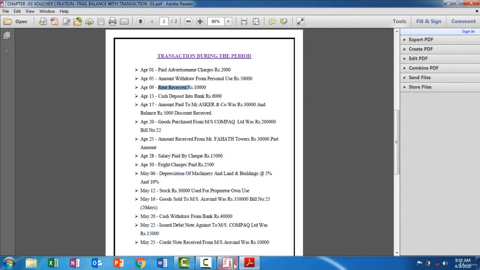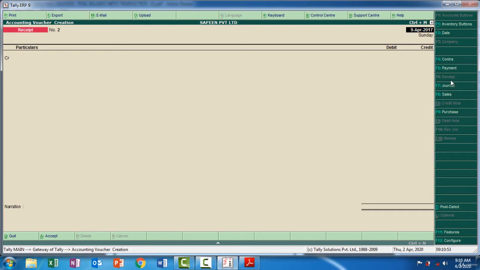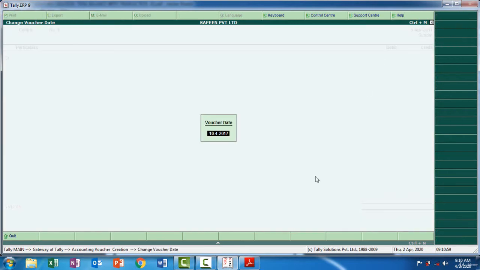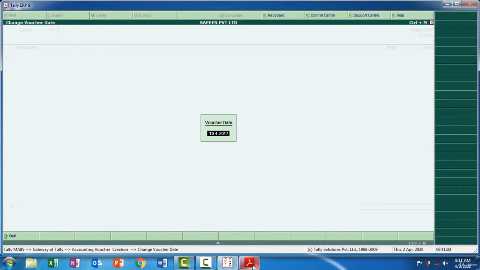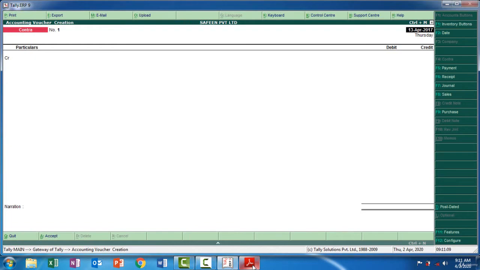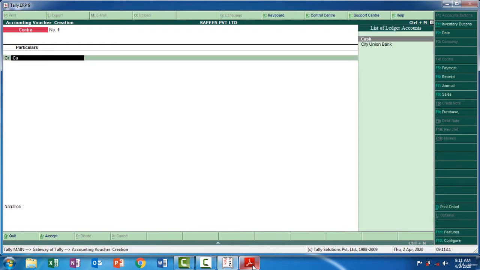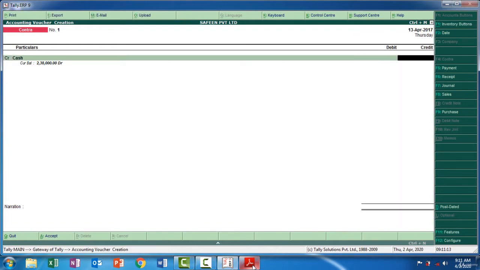First I'm going to choose the contra voucher here. Then I'm going to change the date. The date is April 13, so 13/04. And then credit is cash account credit. How much?